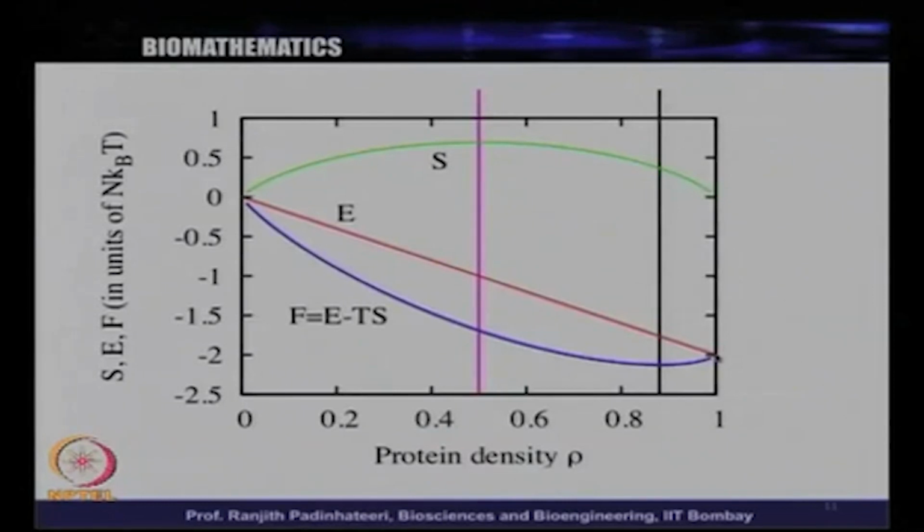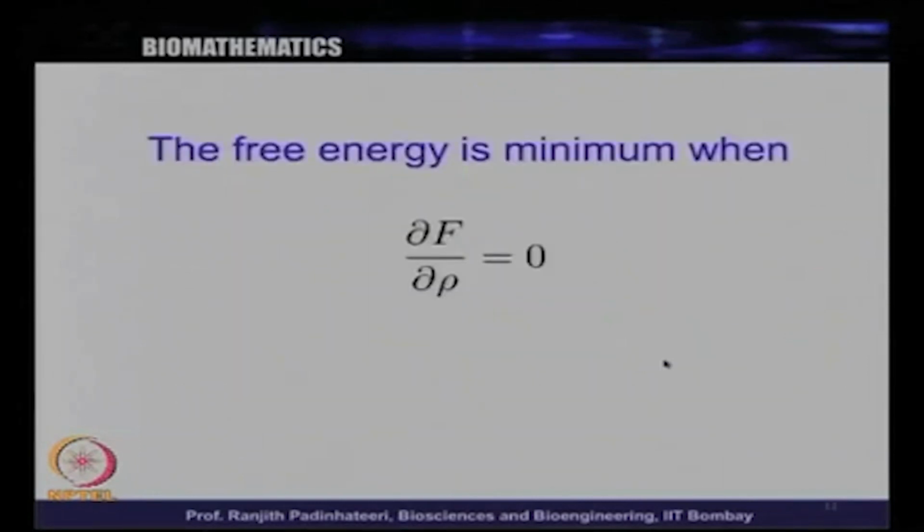Now, we want to find out some general formula for this minimum of free energy. So, we said that if we have an expression f of rho, the free energy minimum can be calculated by setting the derivative del f by del rho equal to 0. We will do this with f by kBT.